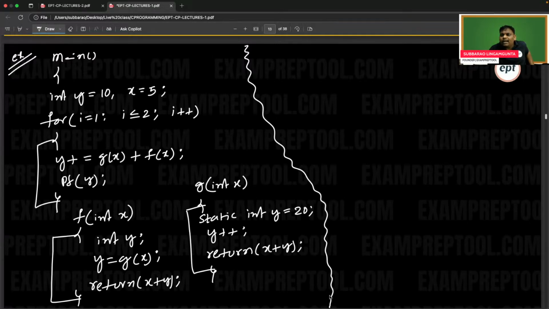Sitting idle family. Outside your house you can keep a board: Sitting Idle Family.